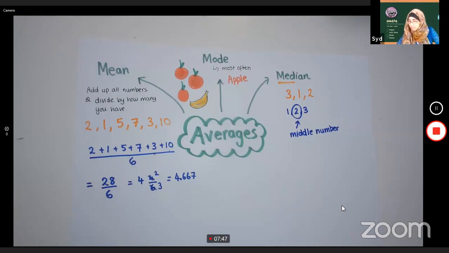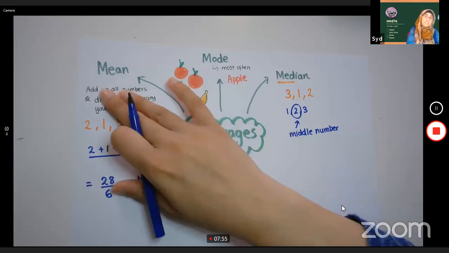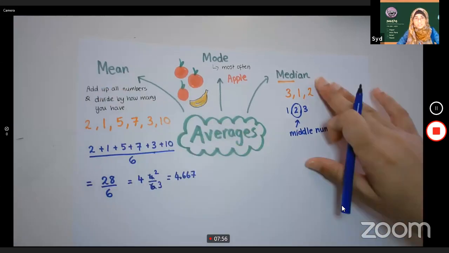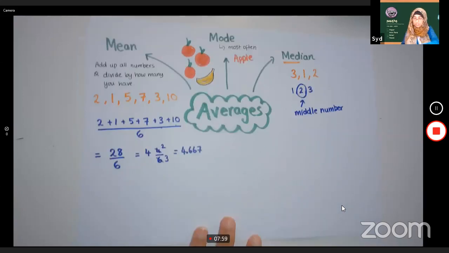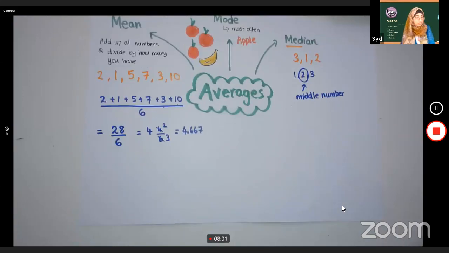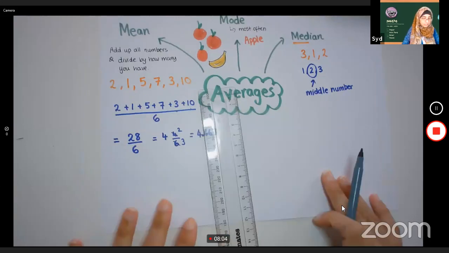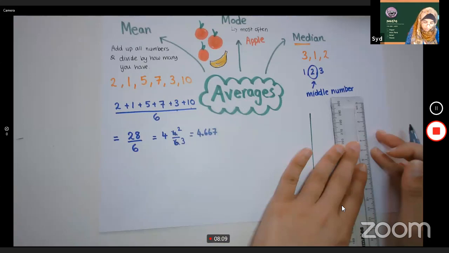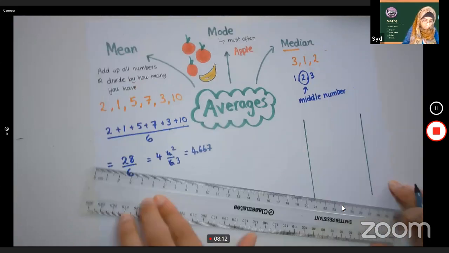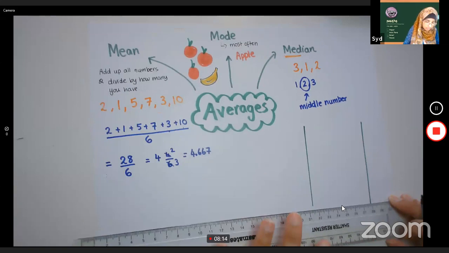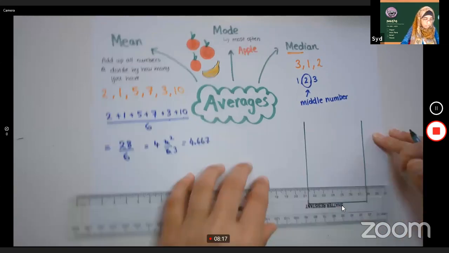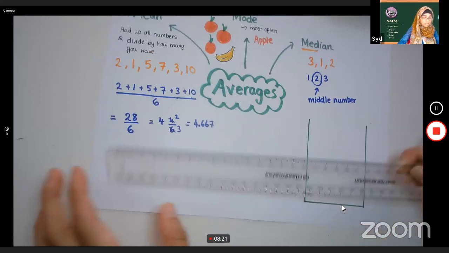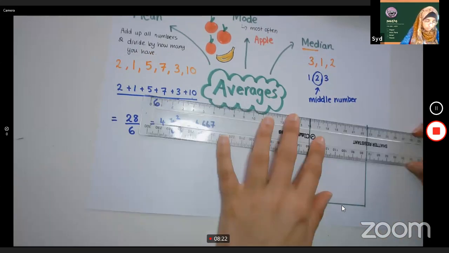So now what we're going to do is have a look at what happens if we have the same numbers, but we use the 3 different types of averages. Okay, so I'm going to draw a table over here with the data. You don't have to use one really, you can do it freehand if you want to. I'm going to write mean, mode, median in here. We're going to work out the 3 different types of averages.